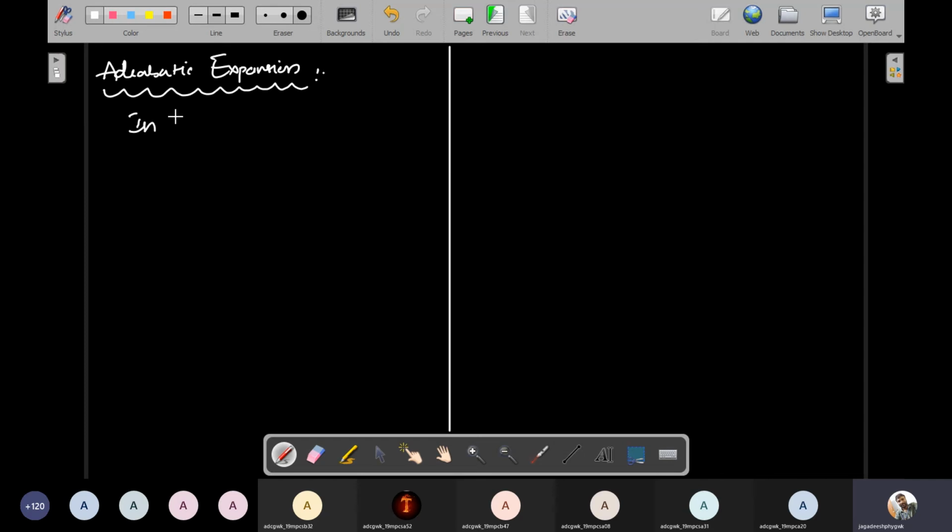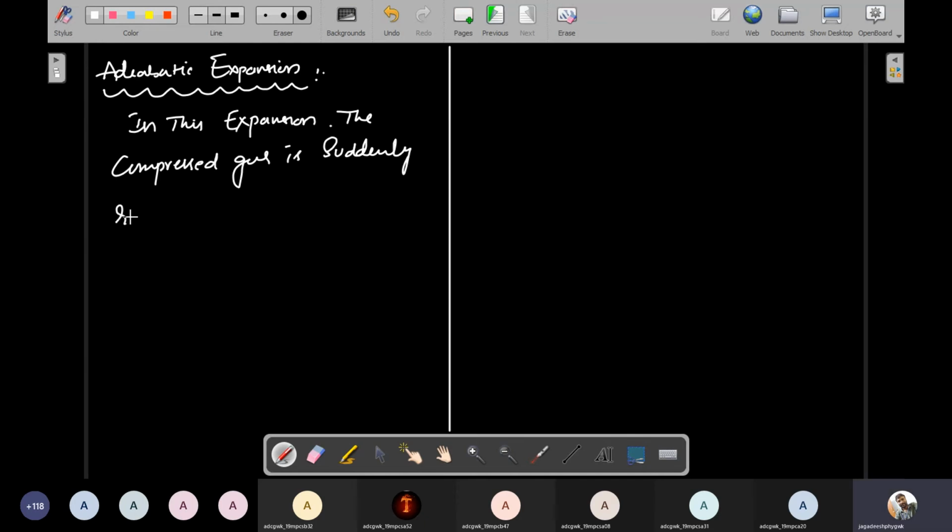So in this expansion, I'll write first here, after that I'll explain. In this expansion, the compressed gas is suddenly released to atmosphere.